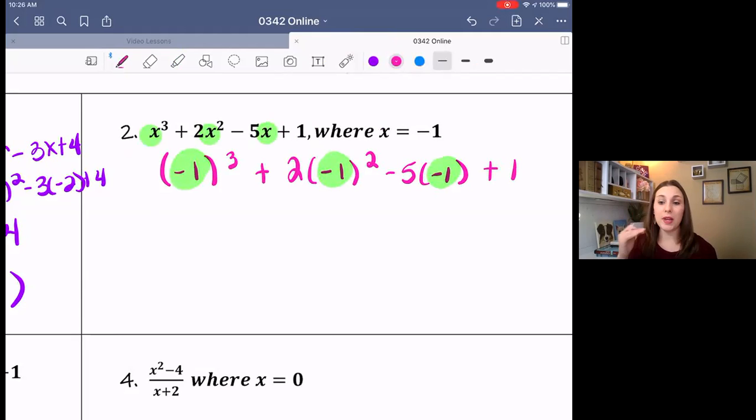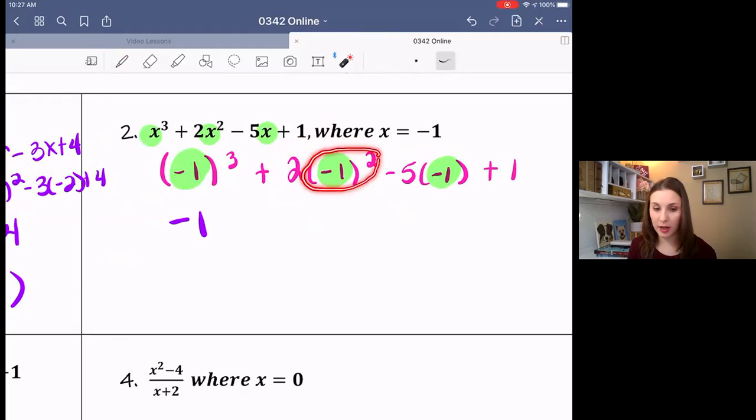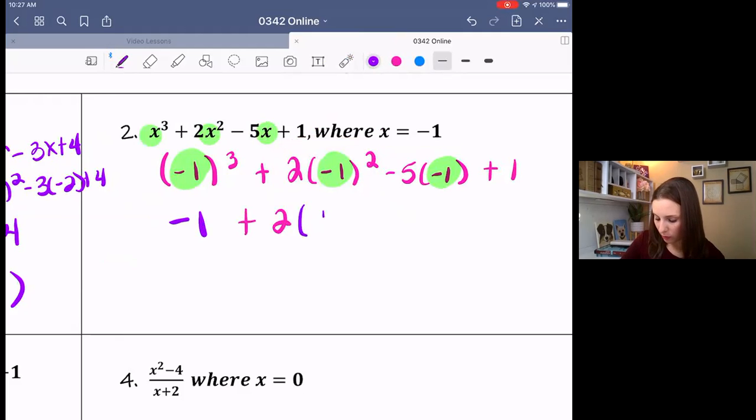-1 to the third means -1 times -1 times -1, which is -1. And then be careful right here. We have 2 times -1 squared. You have to do the exponent first. This squared is attached to the -1, so we need to deal with it. -1 squared is +1.